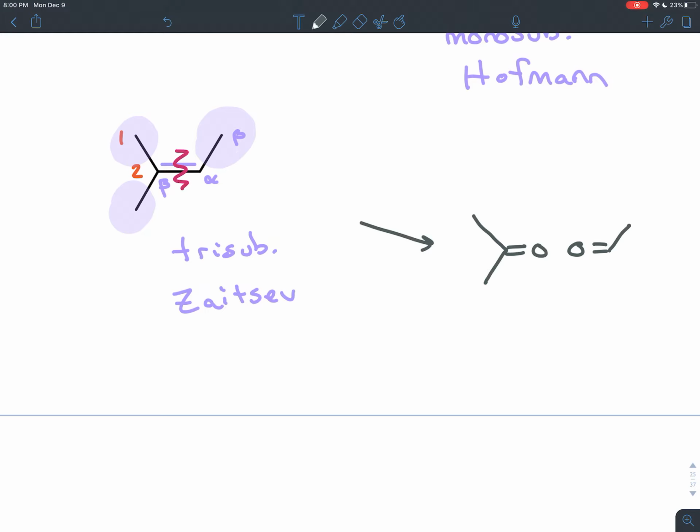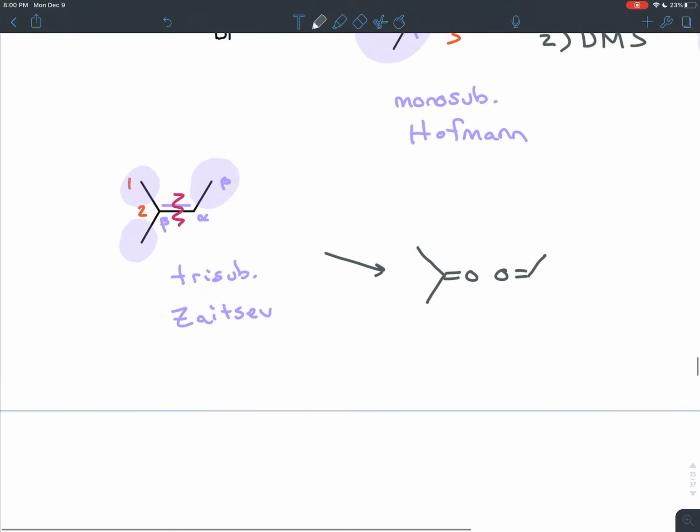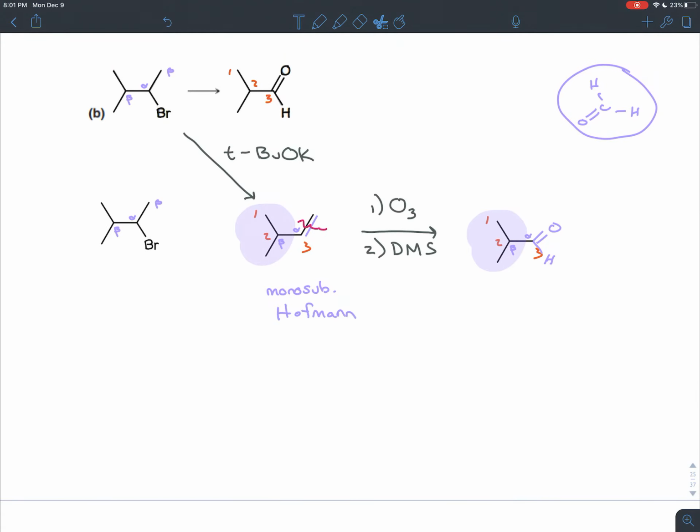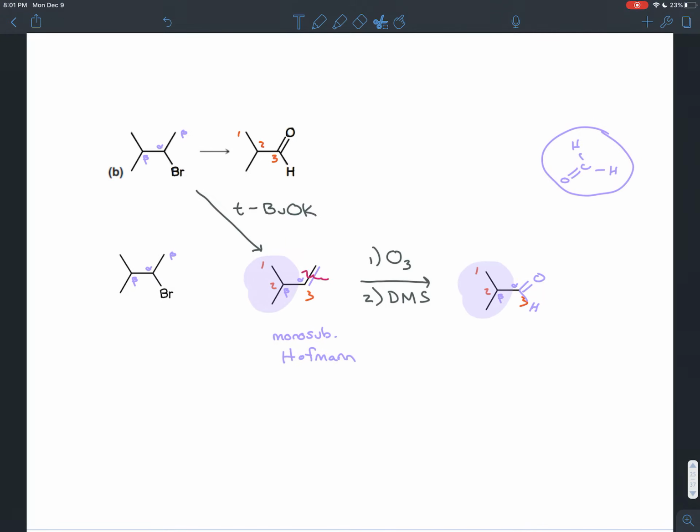So notice, with ozonolysis, you sort of break the double bond. It still exists. It's just in 2 separate molecules where the carbon's connected in the double bond. Now they each go separately to 2 different oxygens. And neither of those is the product that we want here. So the Zaitsev product didn't help us. We wanted the Hofmann product.